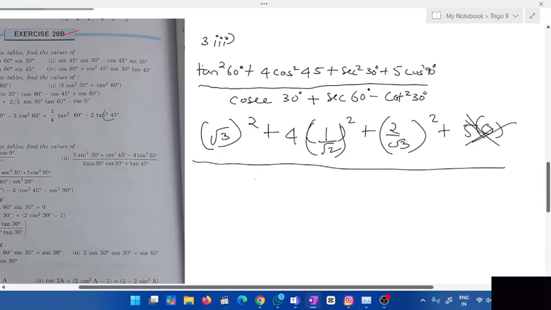Cosec 30 degree, how much is cosec 30, students? 2. Cosec 30 is sec 60, and sec 60 is the reciprocal of cos 60.